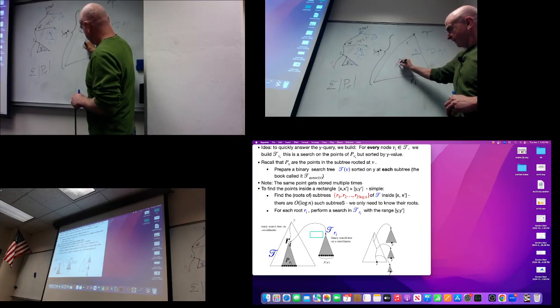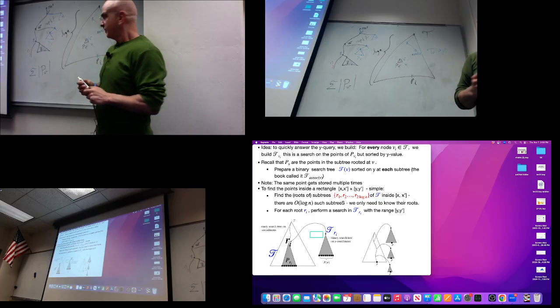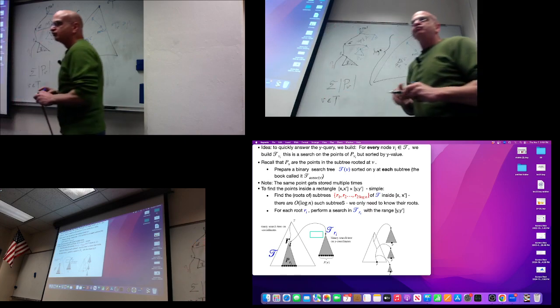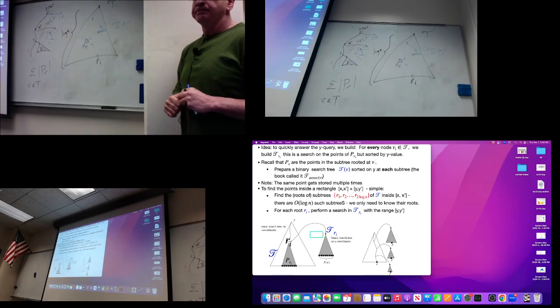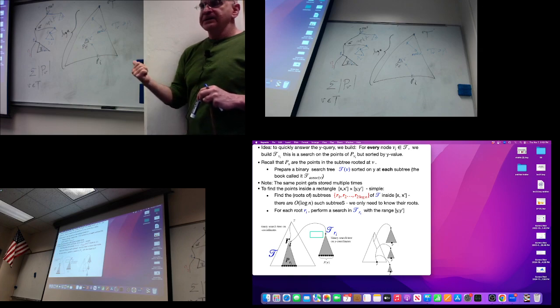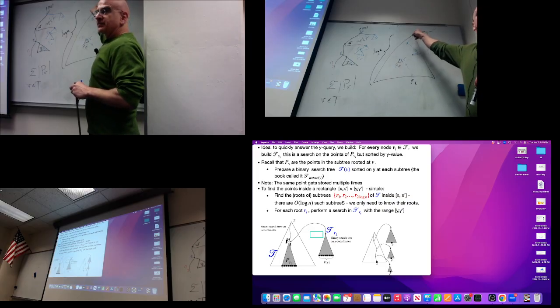So I want to know the total size of the subset P of V for every V. Not hard. n plus n over 2 plus... It's not hard, because you have every node stored at least once, plus every time you go up, every node participates in log n trees.